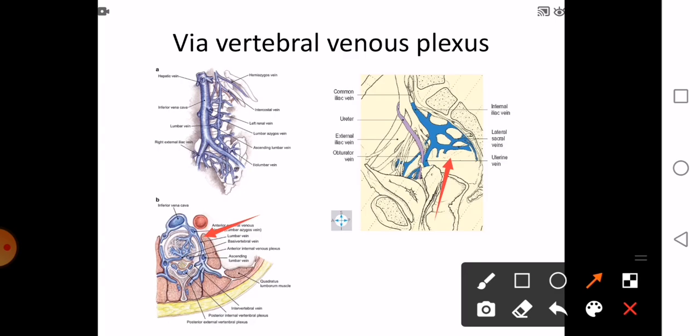So if there is a malignancy of the pelvic organ, the pelvic region is drained by these lateral sacral veins. Okay. So if there is a malignancy in the pelvic region, the metastasis can reach the vertebral column and the cranial bones via this route.